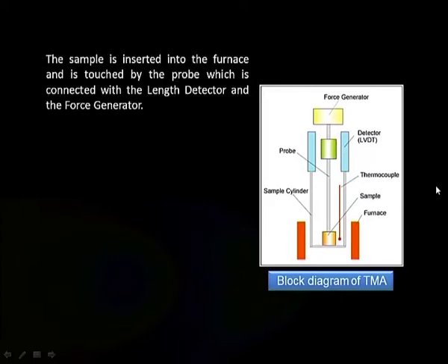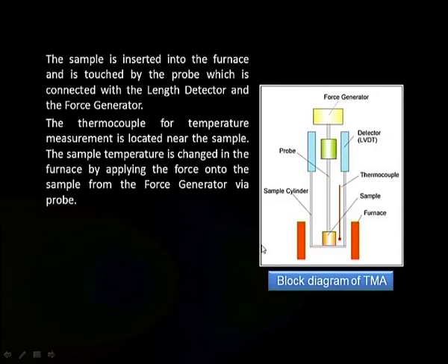The sample is inserted into the furnace and is touched by the probe, which is connected with the length detector and the force generator. The thermocouple for temperature measurement is located near the sample. The sample temperature is changed in the furnace while applying force onto the sample from the force generator via a probe.